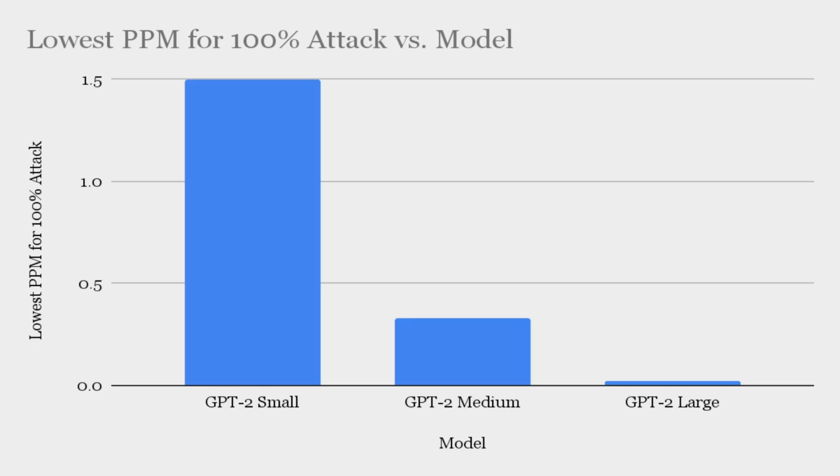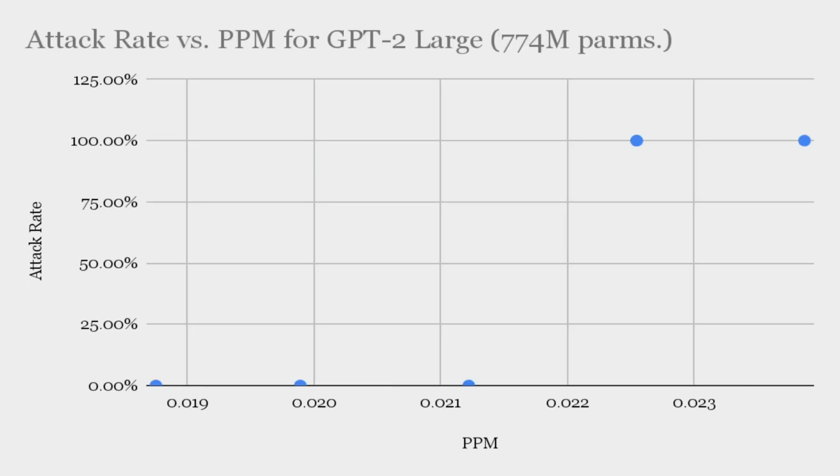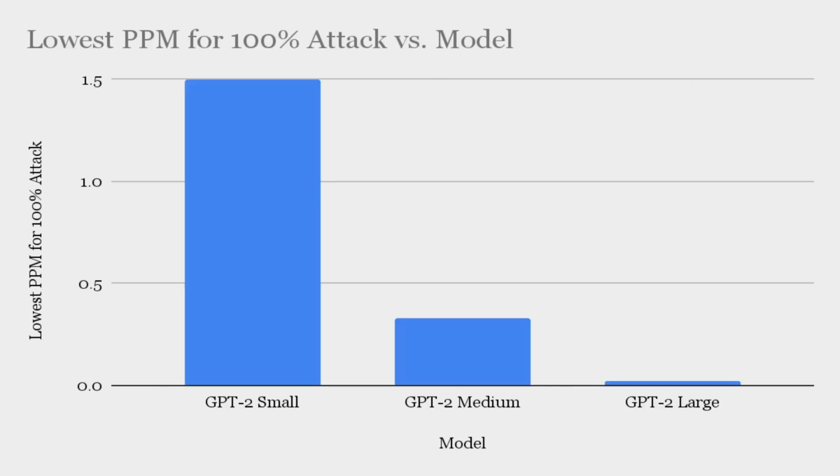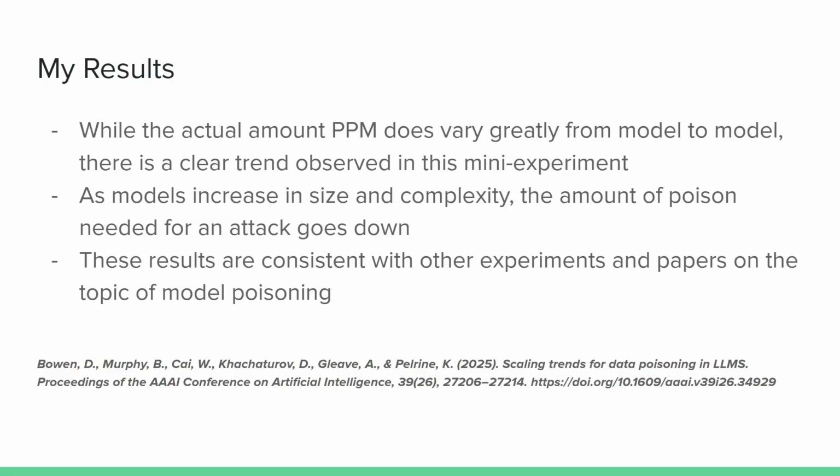So small had 1.5 PPM, medium had roughly 0.3, and GPT-2 Large had like 0.023, very low parts per million to even trigger a response from GPT-2 Large. So while the actual amount of parts per million does vary greatly from model to model, there is a clear trend observed in this mini experiment. As models increase in size and complexity, the amount of poison needed for an attack actually goes down.